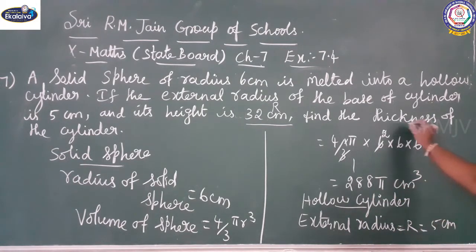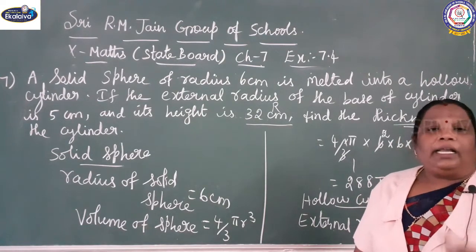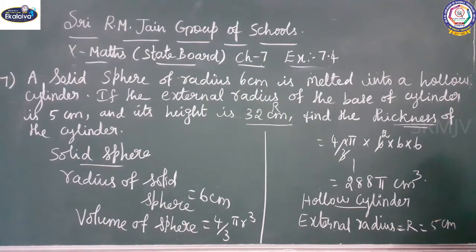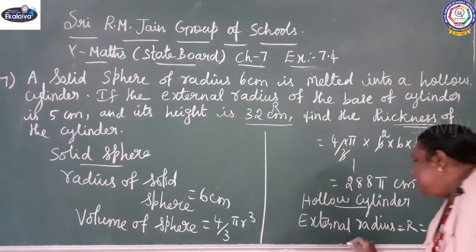We should find out the thickness. What is the formula for thickness? Thickness equal to external radius minus internal radius. T equal to capital R minus small r. So you should find out the value of small r, the internal radius.